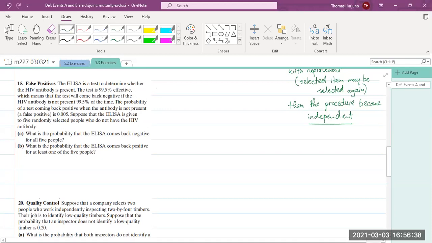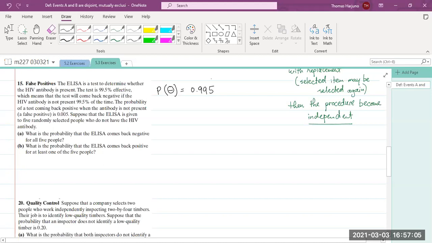Maybe I write it down. Probability of being negative given the HIV not present. That's the correct notation, but let me just simplify that.